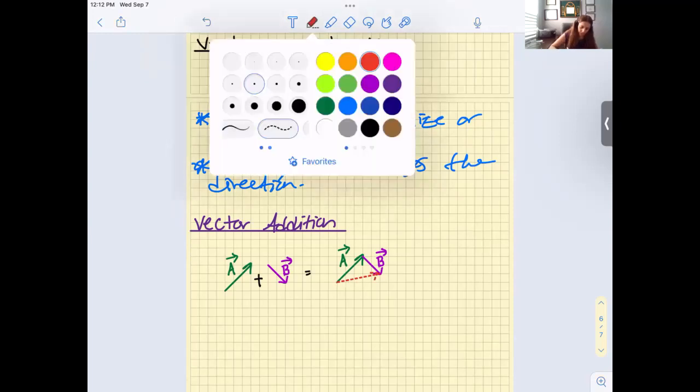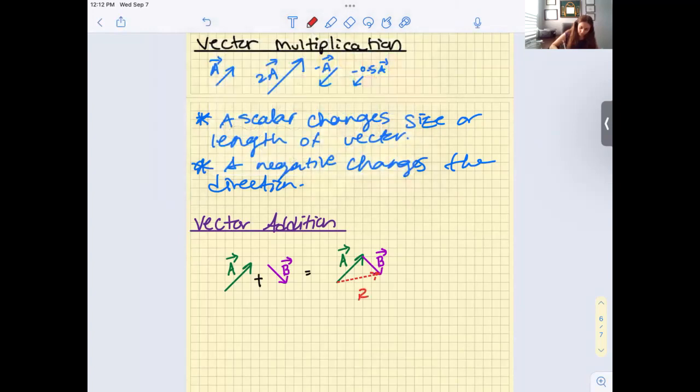And we would call that our resultant force.